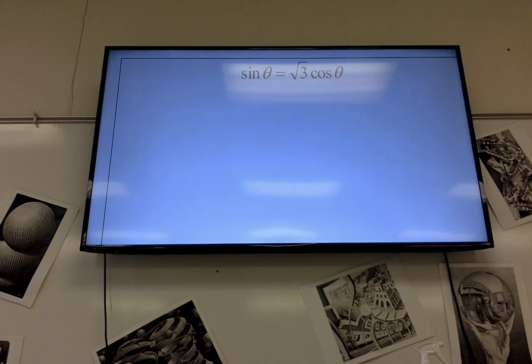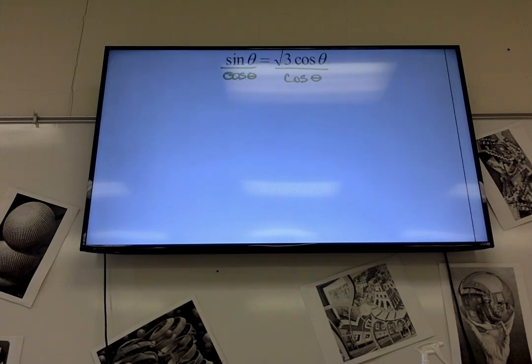Take the square root. That'll get rid of the 3, but it would make cosine squared and sine squared. Could you divide by cosine, so it's sine over cosine? Yeah, and what is sine over cosine? Tangent. So tangent of theta equals the square root of 3.